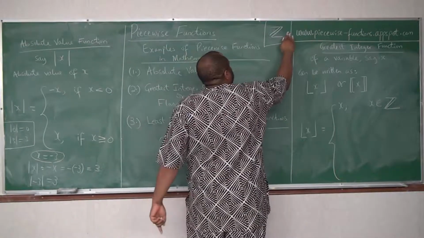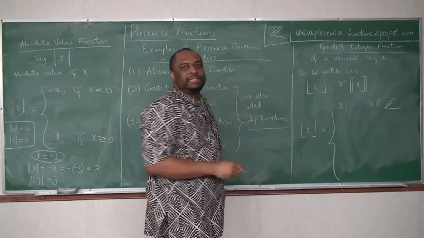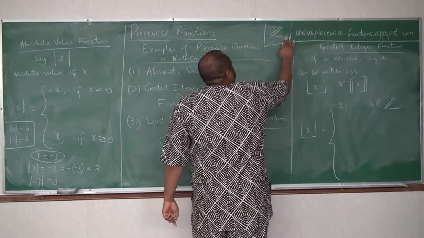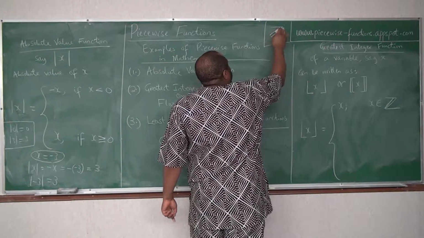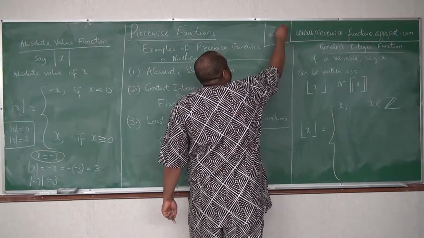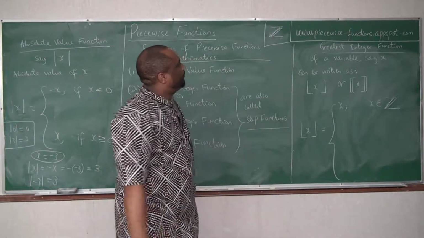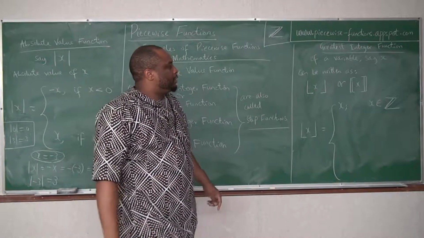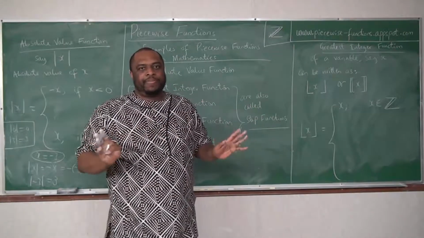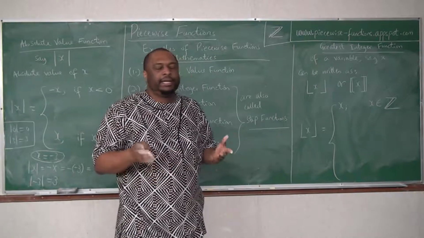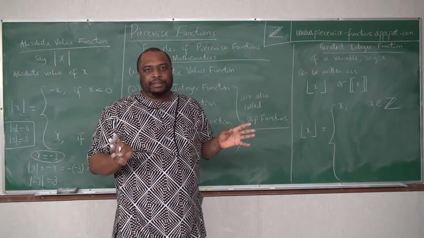If you have it like this, it is the set of negative integers, as a subscript. But just like this, it is just the set of integers. Okay? So if it's just an integer, the greatest integer will just be that integer.